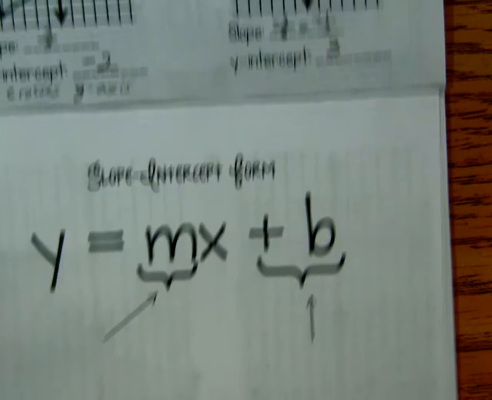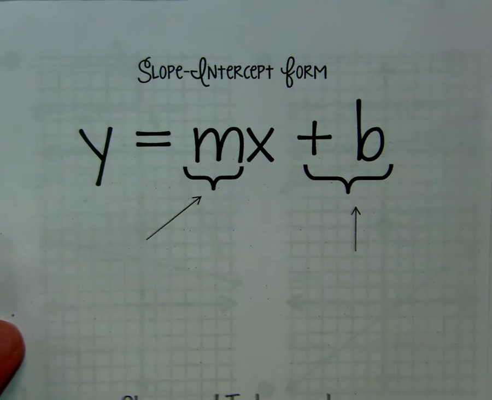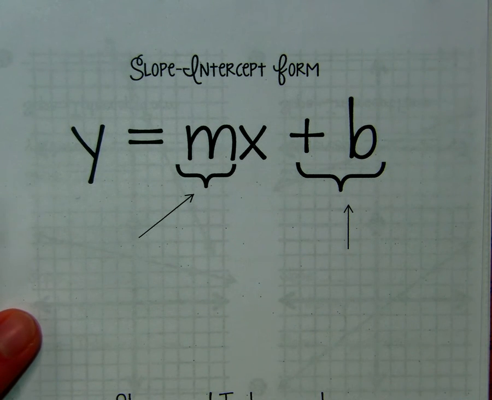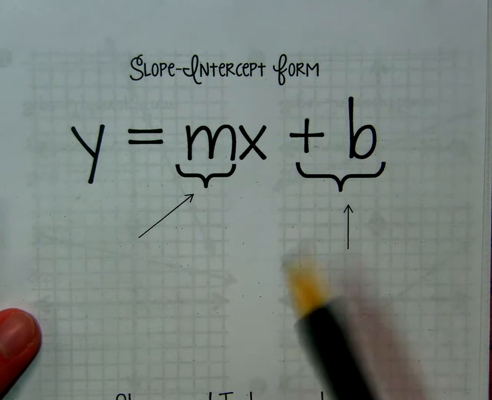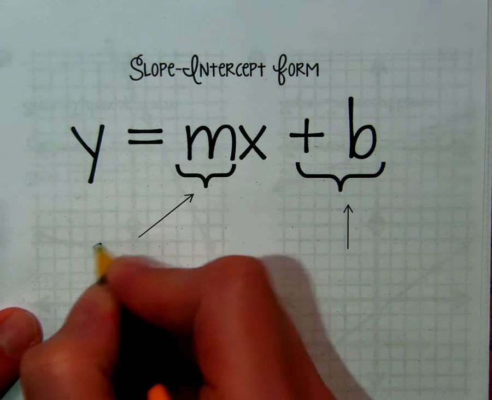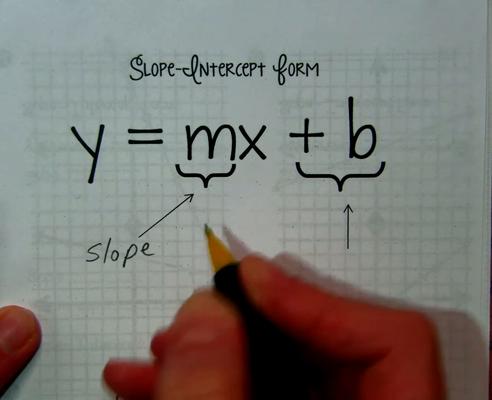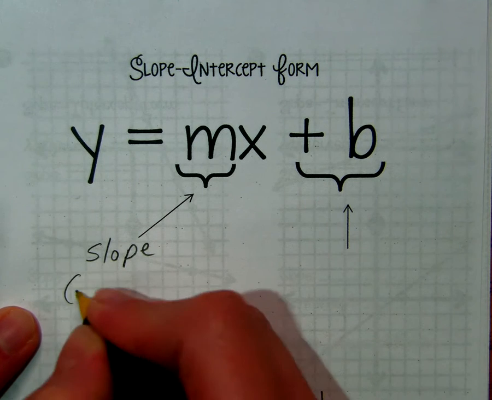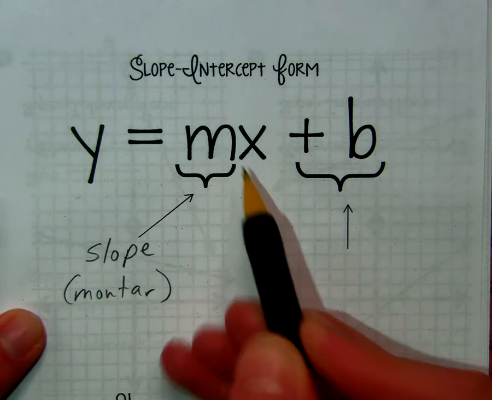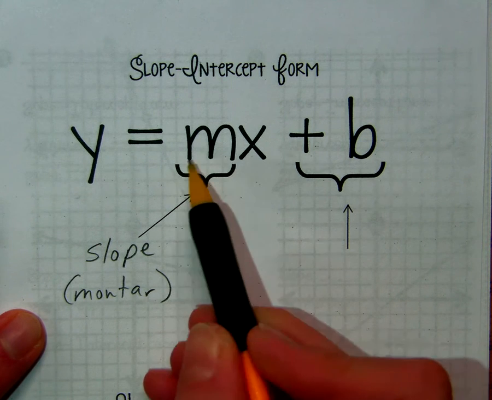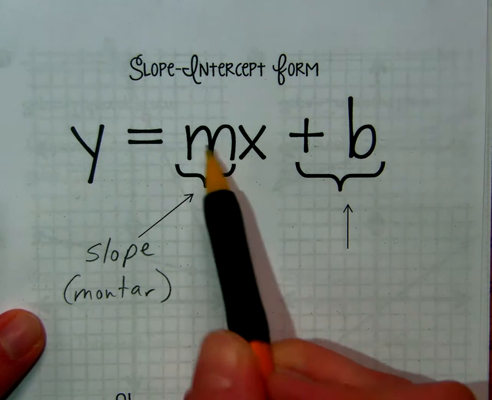All right, so if we go down here to this part, it's just showing us the general form of y equals mx plus b, which is the slope-intercept form. So m is the slope, and we use an m because originally this was done by someone in Europe, and I believe it was French.